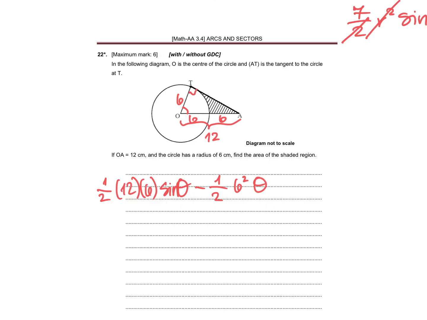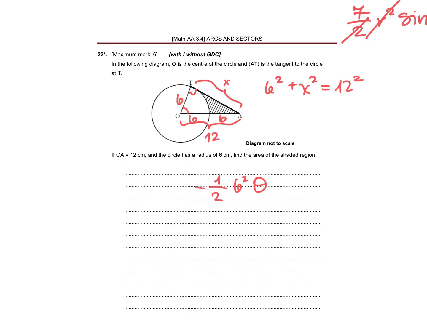Oh, this is a right triangle, actually. I was going to say, how do we know? So actually the area of the triangle is going to be, we need to use Pythagoras. So 6 squared plus x squared equals the hypotenuse squared, 12, where x is this whole side length.